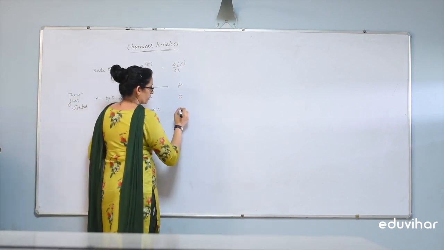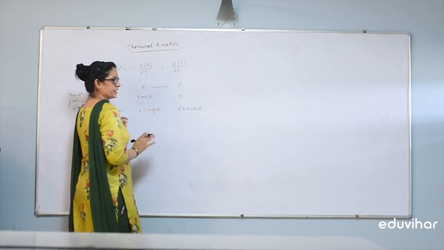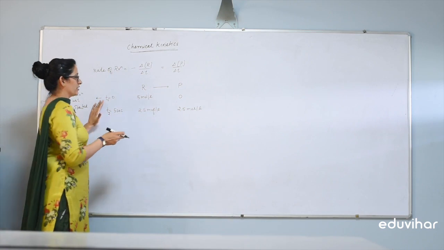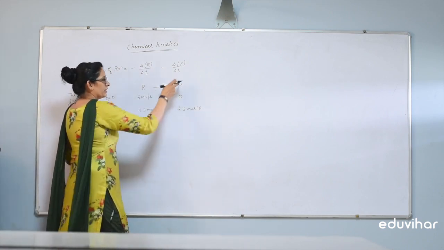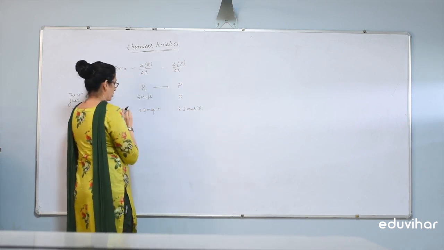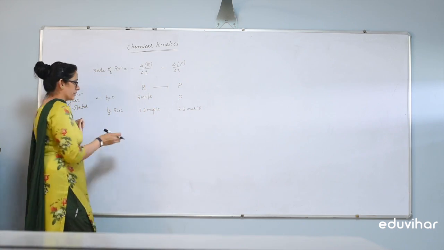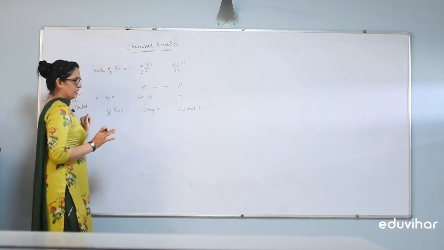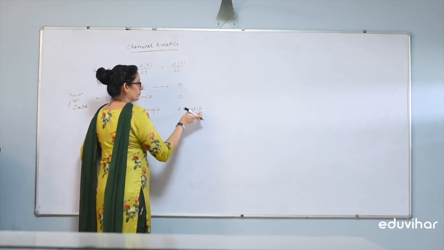The concentration of product becomes 2.5 mole per liter. Is it clear? At the initial time when the reaction just started, the concentration of reactant is 5 mole per liter and the concentration of product is 0. At the time T2, as the reaction proceeds, the concentration of reactant becomes 2.5 mole per liter. The same, the concentration of product becomes 2.5 mole per liter.